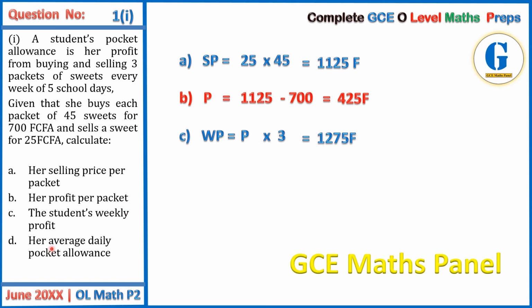And what is her average daily pocket allowance? Now this total profit is what she will divide by 5 to have her allowance for 1 day. Therefore, her pocket allowance per day will be equal to 1,275 francs divided by 5.